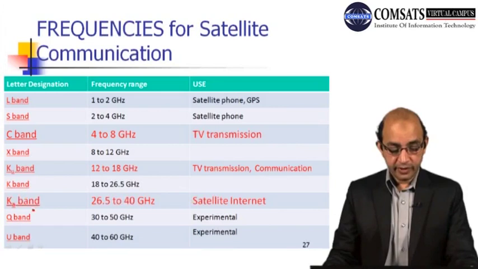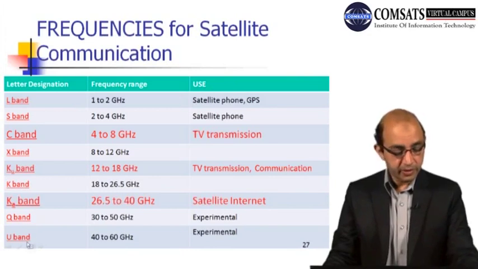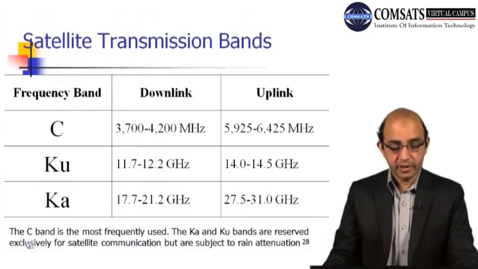And then we have Ka band, with a frequency range between 26.5 to 40 gigahertz, and it is being used for internet data or satellite data communication. We have Q band and U band, which are being used for experimental purposes.